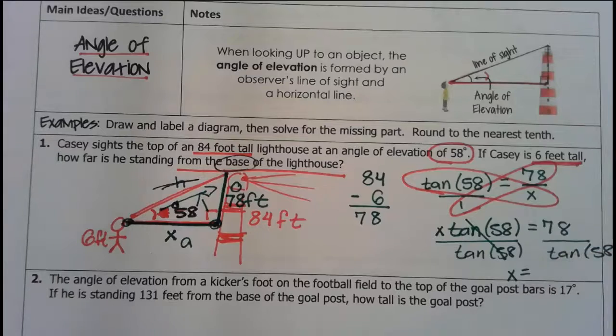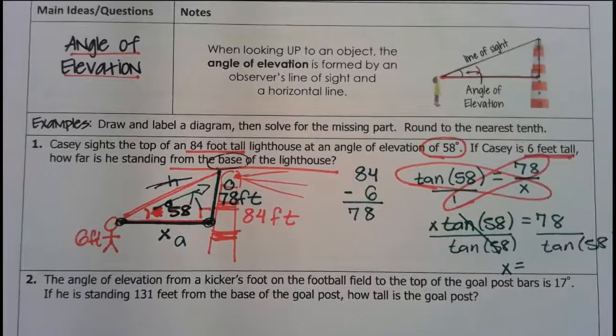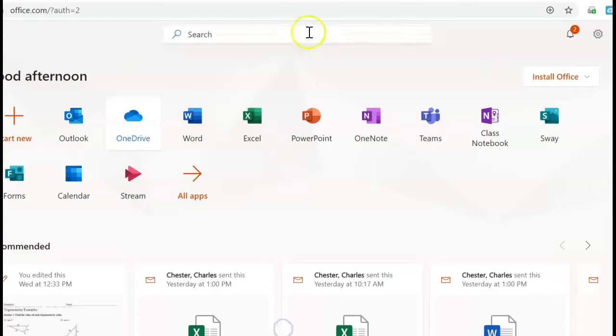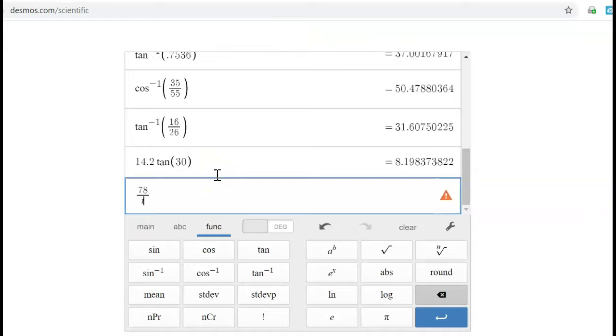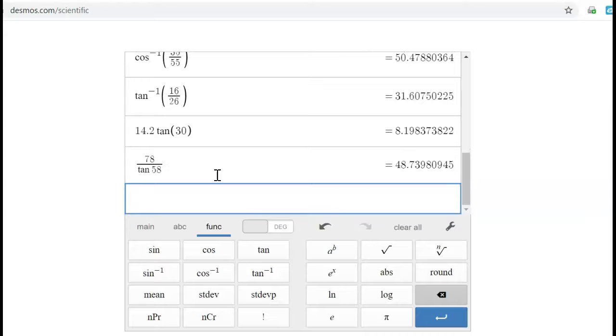Let's go ahead and put that in the calculator. So we get 48.739.